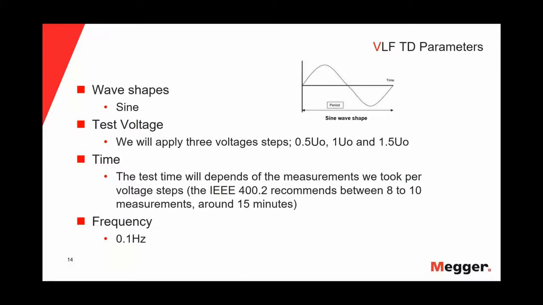The IEEE recommends between 8 to 10 measurements per voltage step, so it will take around 15 minutes. And as I said in the previous slide, the frequency must be 0.1 Hertz. We cannot decrease the frequency when we're doing a tan delta test.